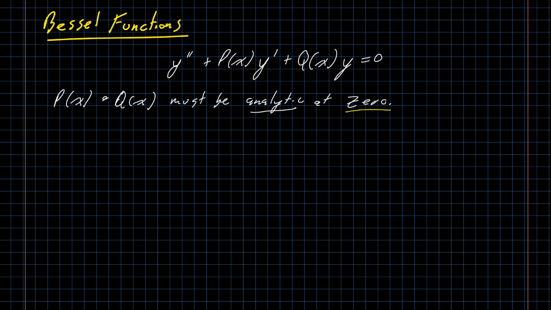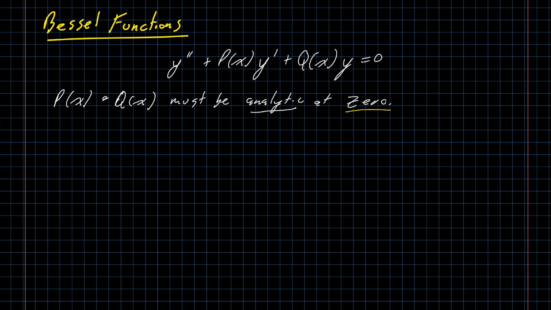I do also want to point out here, I say must be analytic at 0, but it turns out that actually anywhere works. If a function is analytic at 0, then we can use a power series centered at 0. If we are looking at, for some reason, centering our solution at a different point, then we care about whether that point is analytic or not.